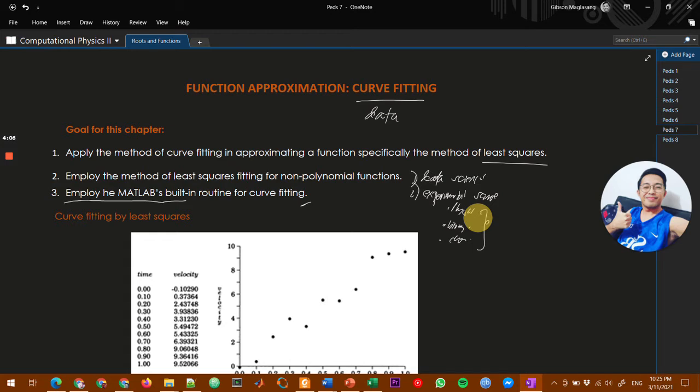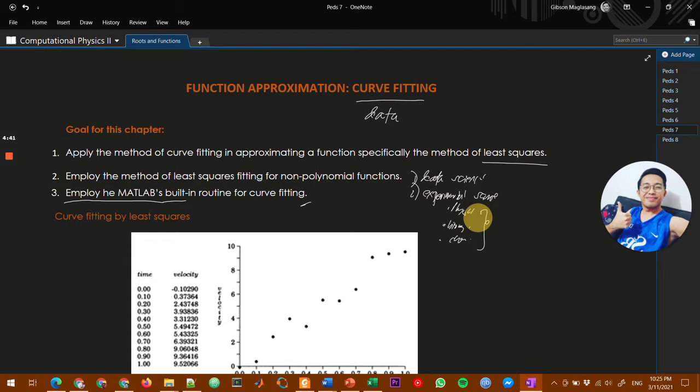So if you have your data, it's important for you to know unsa kay equation nga mag-describe ani nga data. Let's say your data is rainfall, it could be temperature. Then from that data, you want to make a forecast or prediction sa kahay possible nga mga temperature or amount of rainfall in the next 2 weeks or 1 month or so.